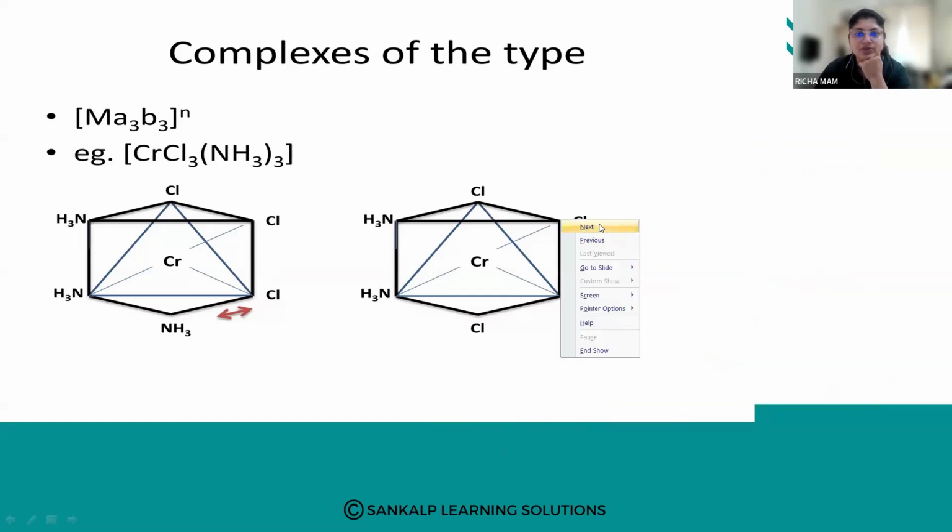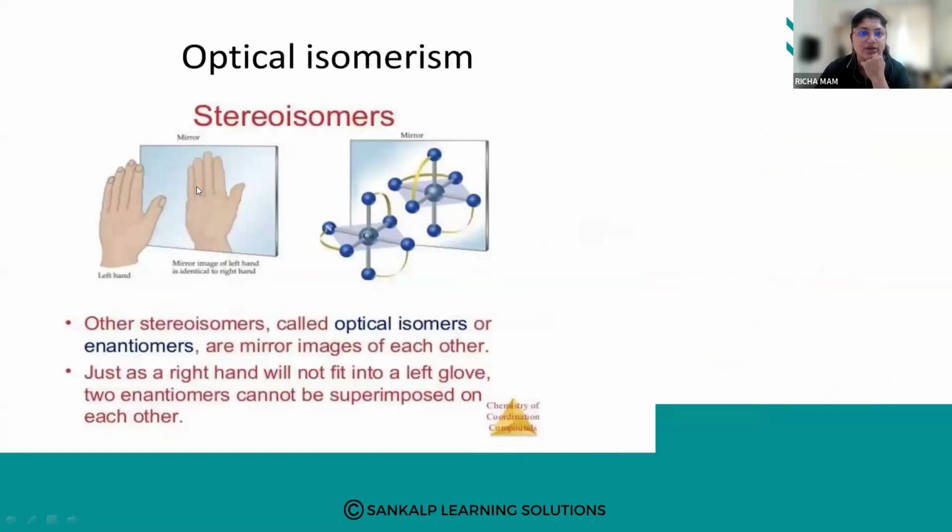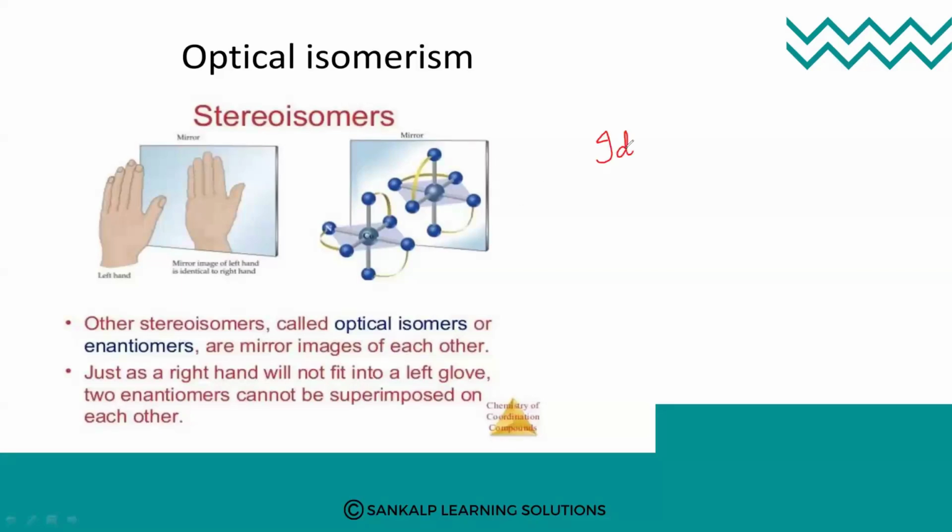Now let us go to optical isomerism. What is optical isomerism? Complexes having identical chemical and physical properties. Identical means same.